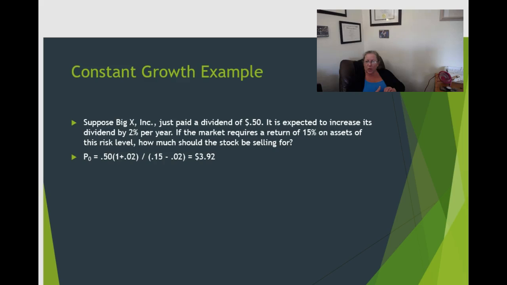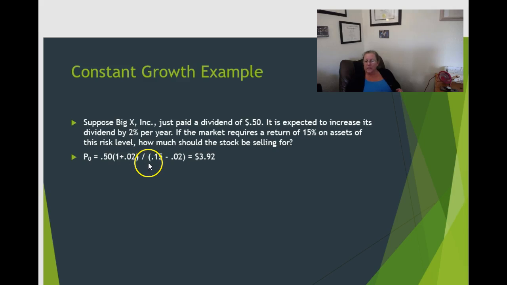Suppose Big X Incorporated just paid a dividend of 50 cents, and it's expected to increase its dividend by 2% per year. If the market requires a return of 0.15, or 15%, on assets of this risk level, how much should the stock be selling for? So we simply say P sub 0 is equal to 50 cents, the dividend now, or div sub 0, times 1 plus the growth rate, 1 plus 0.02, because it's growing at 2% per year.